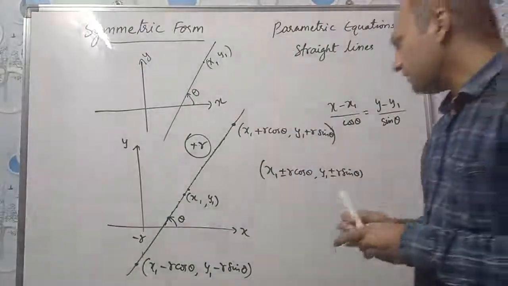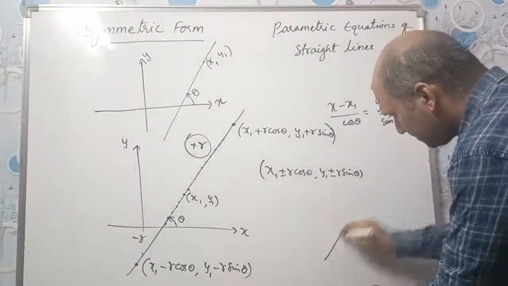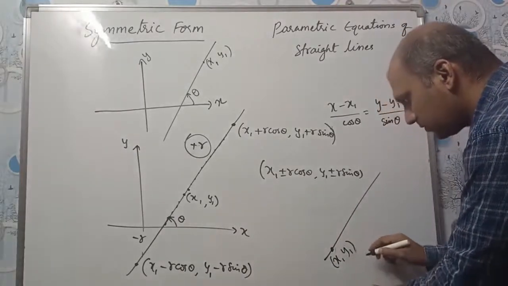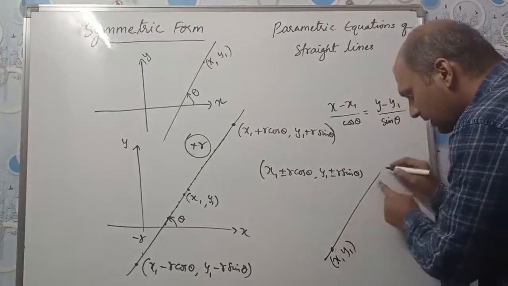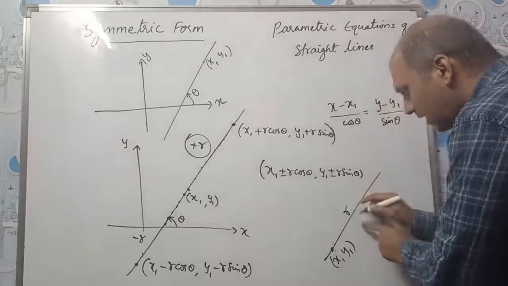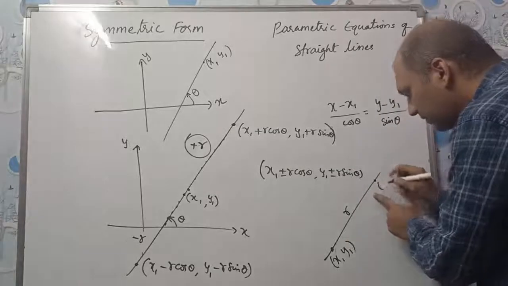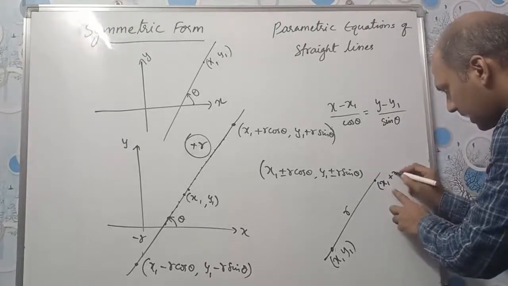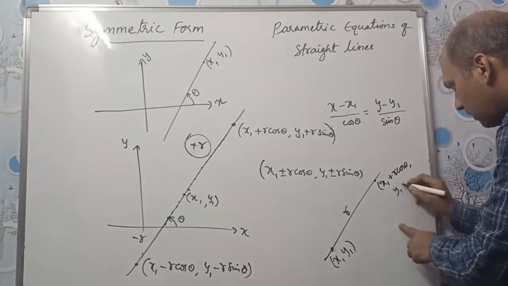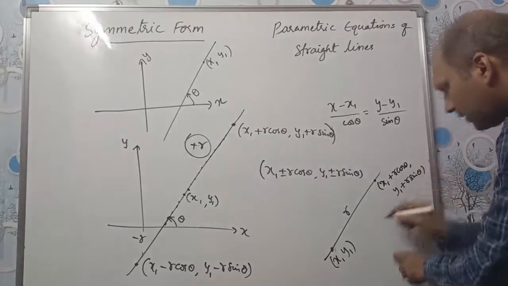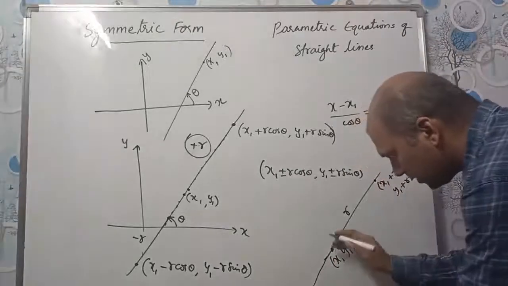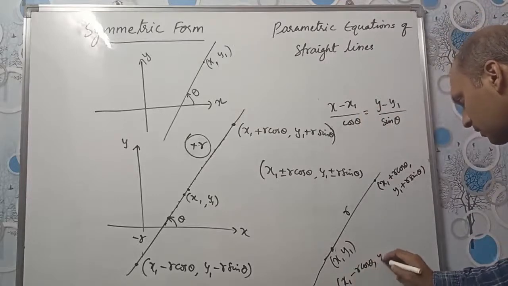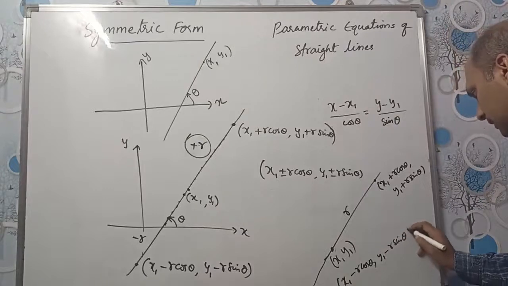Understand the concept clearly. I'll explain it again. Suppose we have a point, let us say x1, y1, and on the same straight line, r units away from this point, there will be one more point, and it is x1 plus r cos theta, comma y1 plus r sin theta, and we'll have one more point below this point, and the coordinates of that point will be x1 minus r cos theta, y1 minus r sin theta.